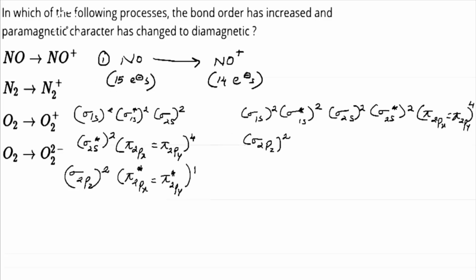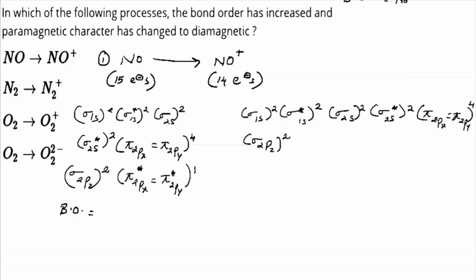Okay, fine. So now, as you can understand, here the bond order will be equal to the number of electrons in the bonding minus number of electrons in the anti-bonding. What is bond order? How is it calculated?